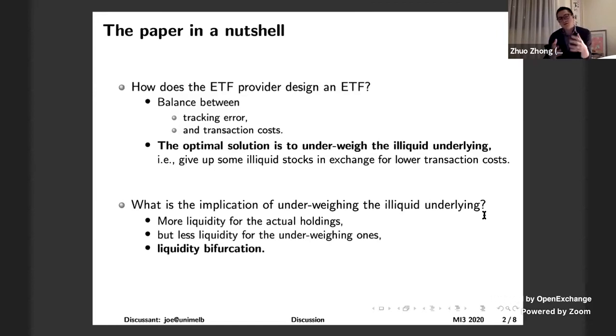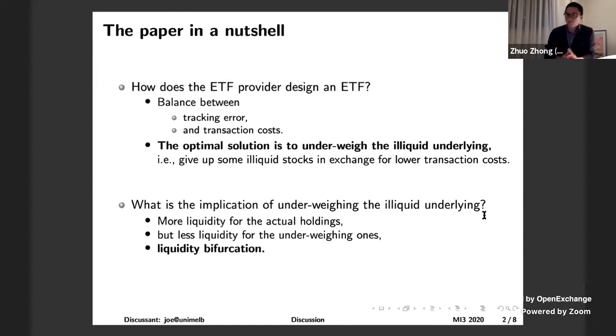Obviously, if the ETF provider puts all the underlying stocks into the basket, the tracking error will be minimized. But then it's going to incur a larger transaction cost in trading this ETF because some of the underlying stocks are just so illiquid. Therefore, the optimal solution for the ETF provider when doing this balancing is potentially to underweight the illiquid underlying, so give up some illiquid stocks in exchange for a lower transaction cost.